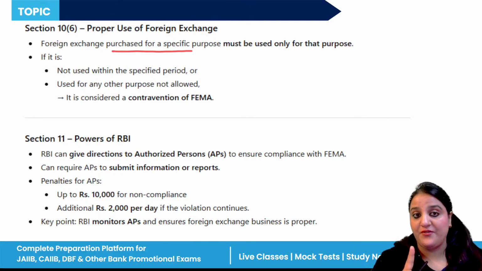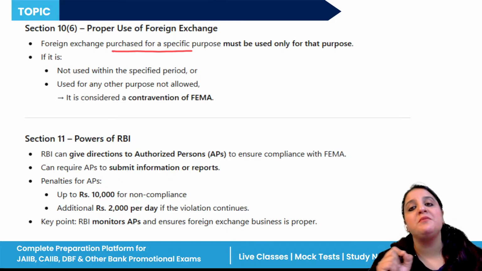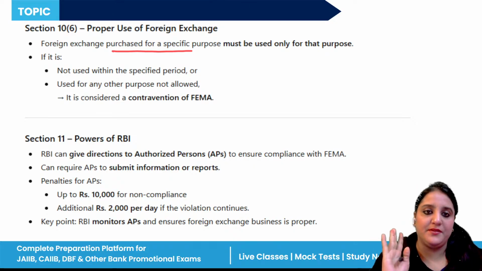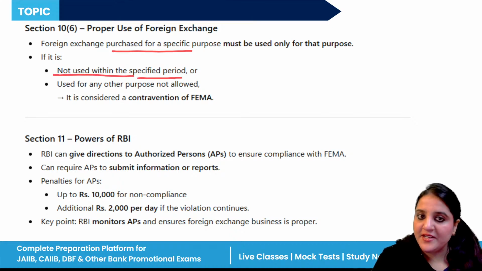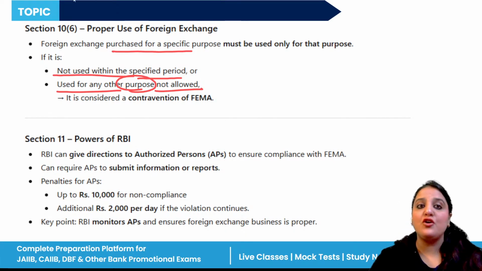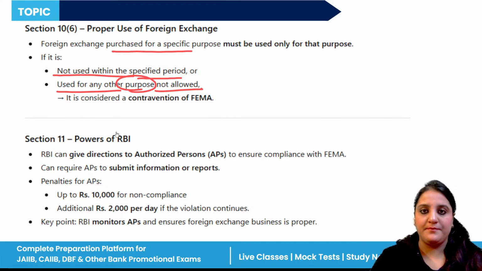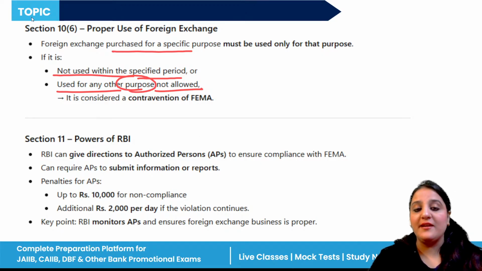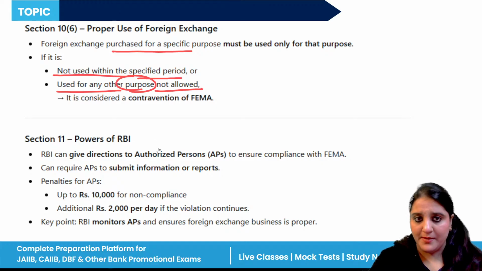That is a violation of FEMA. If foreign exchange is purchased, it must be used only for that purpose. If it is not used within the specified period, or is used for any other purpose which is not allowed, all of that is considered contravention or violation of FEMA.